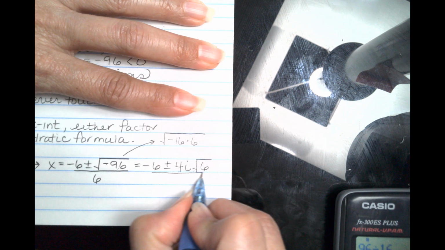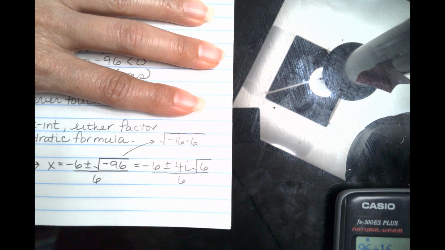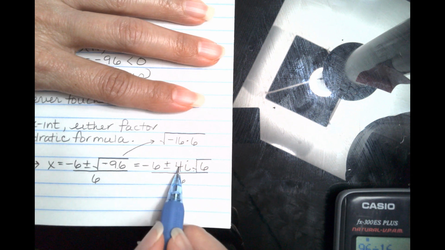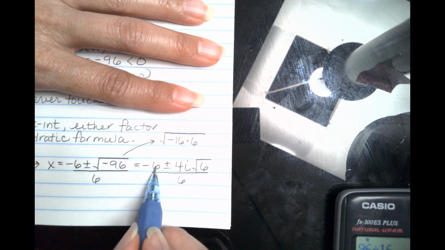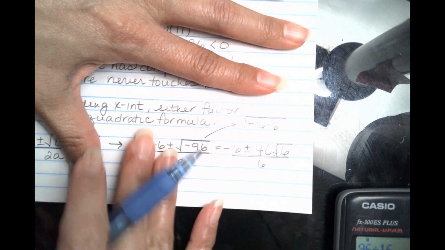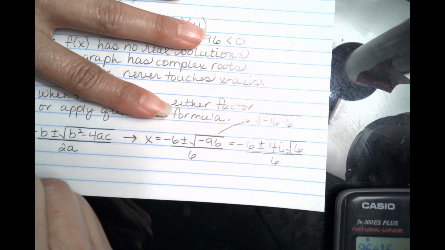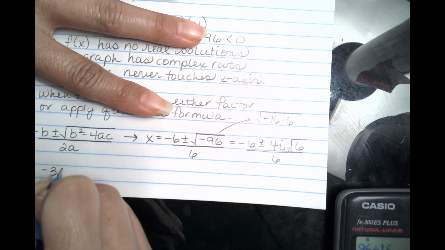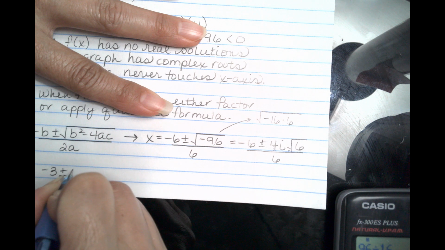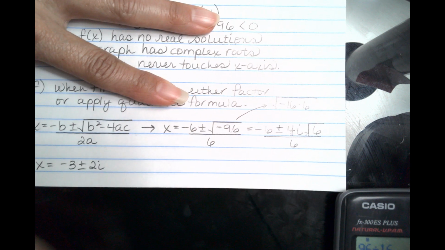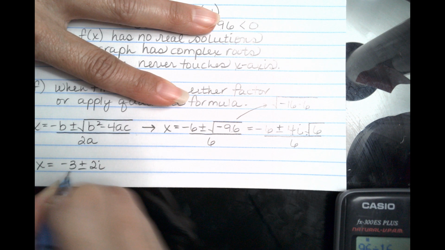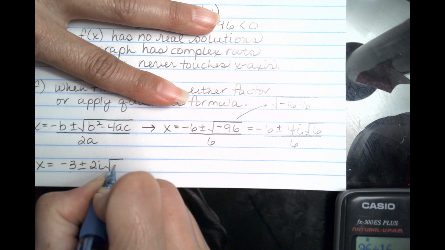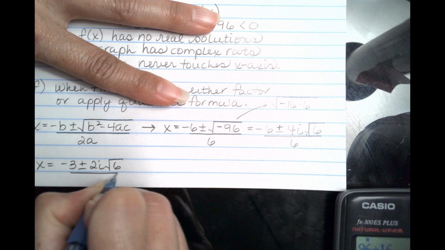All over 6. These three numbers are divisible by 2. Do not touch this number because that number is inside the radical. So I'm going to reduce and write x equals negative 3 plus minus 2i square root of 6, can't forget the radical, over 3.